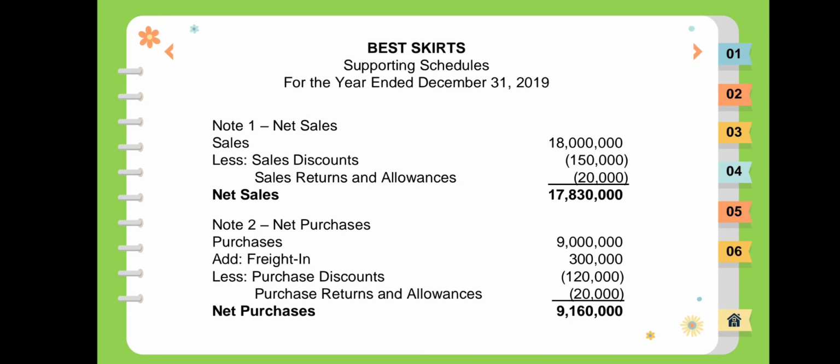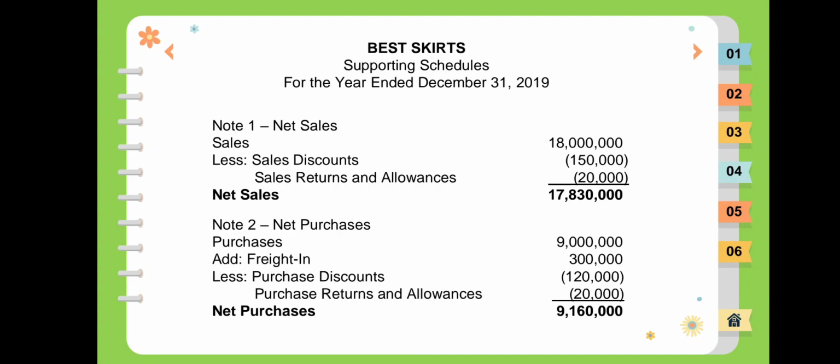To get the net sales, take note of this formula. We have sales or gross sales minus sales discounts minus sales returns and allowances. For sales, makukuha siya through price of the product or inventory times the number of inventories na na-sell ng business. That is how to get the sales. If you have the gross sales, you deduct the sales discounts.